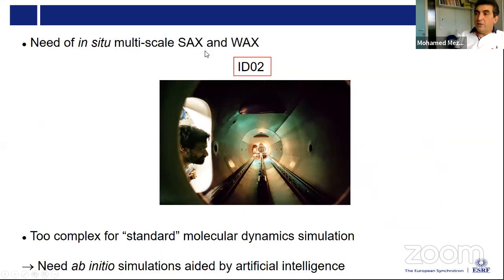So you could look at the small objects and big objects at the same time. This is exactly what we need to look at this kind of physics. And as mentioned before, because it's too complex for standard molecular dynamics simulations, this will probably also require the latest developments in ab initio simulations that involve artificial intelligence and machine learning.